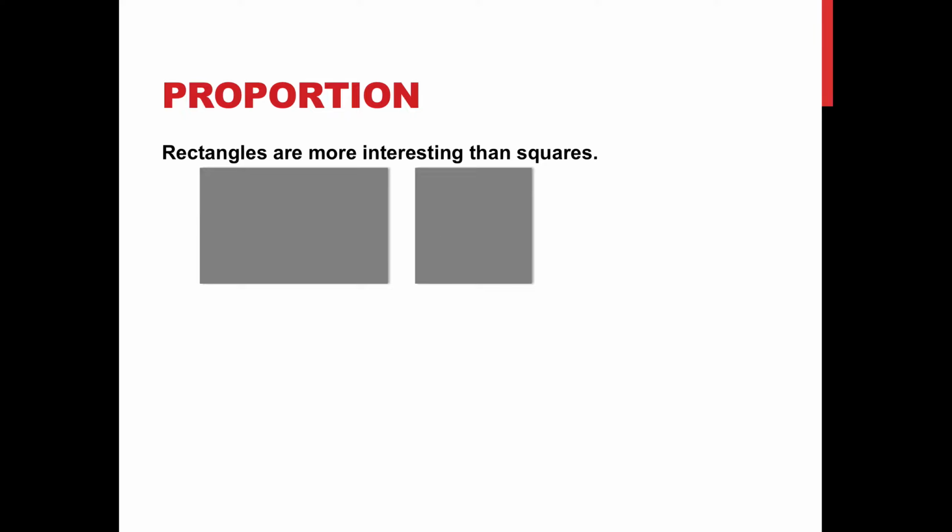So in general, some things to remember: rectangles are a little bit more interesting than squares. So if you have a rectangle as your banner, people are going to be drawn there. Then if you want to put squares underneath that, tiled underneath that, as a way of focusing on different elements, that's pretty good.